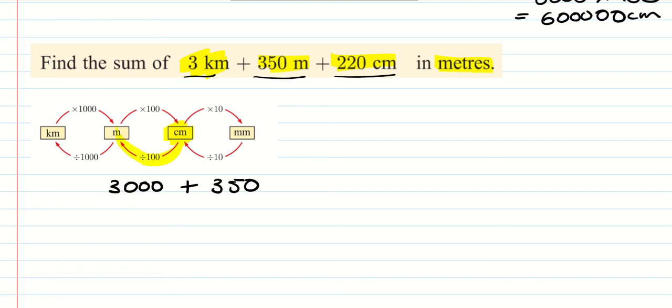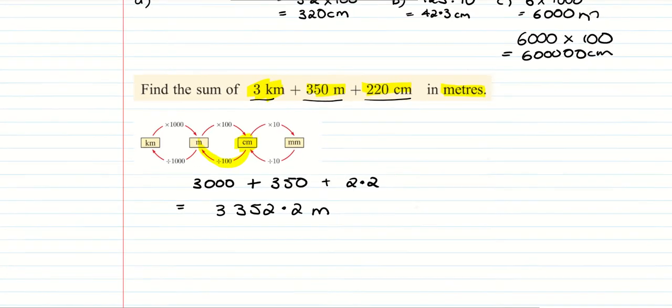So 220 divided by 100 is 2.2. Plus 2.2. And we add those all together, we get 3,352.2 metres. Perfect.